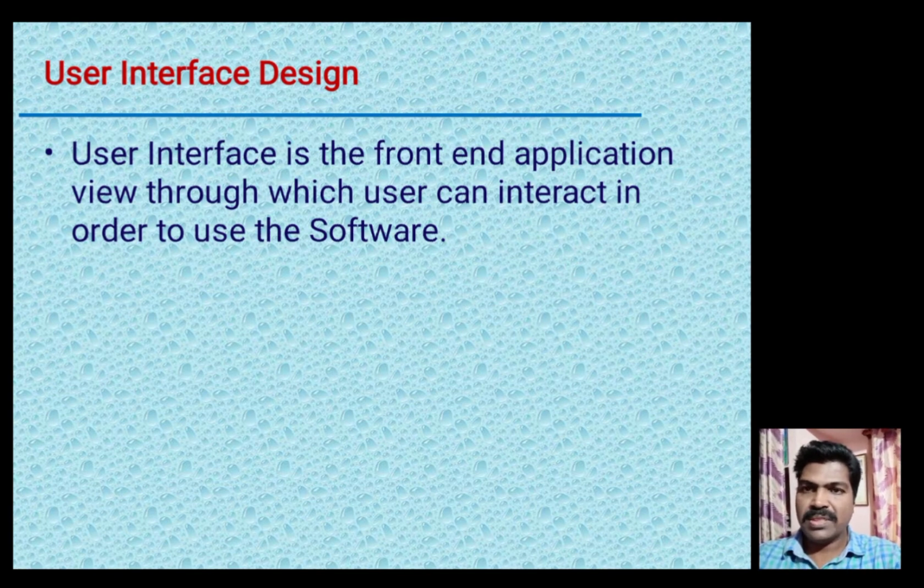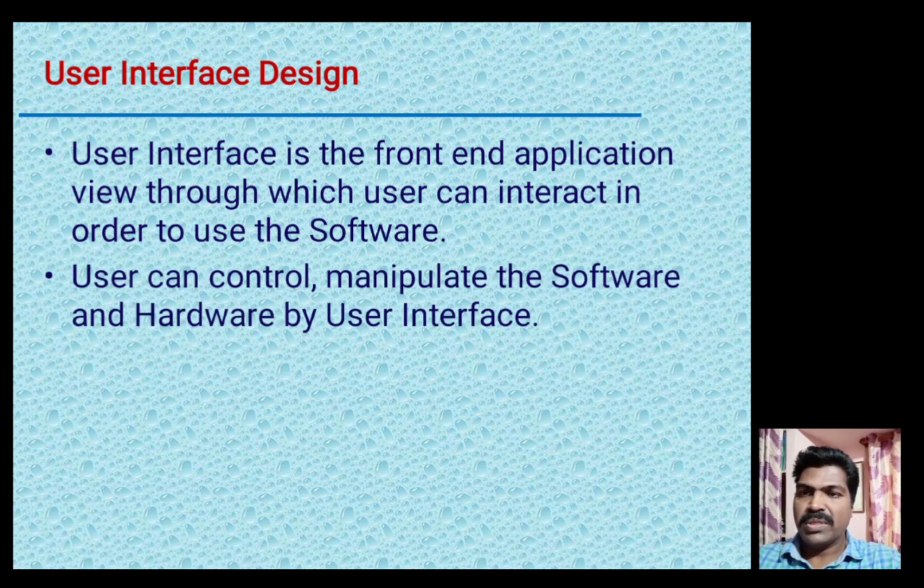It is a front-end application view through which the user can interact in order to use the software. To use any kind of software, the user interface plays a very important role between user and software. It acts as an interface, and by using it, the user can control and manipulate the software and hardware.